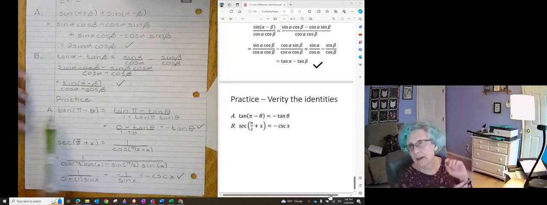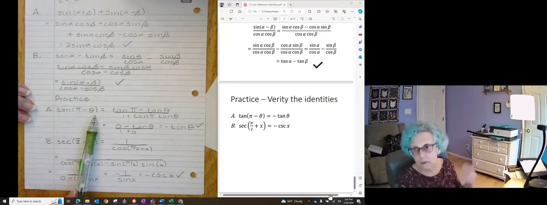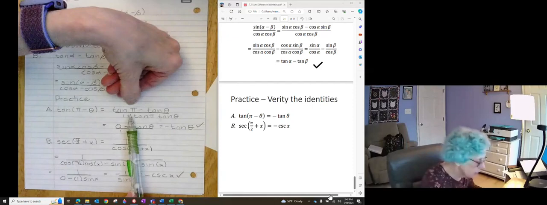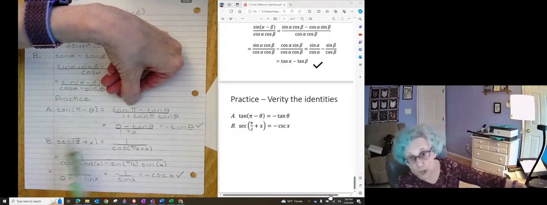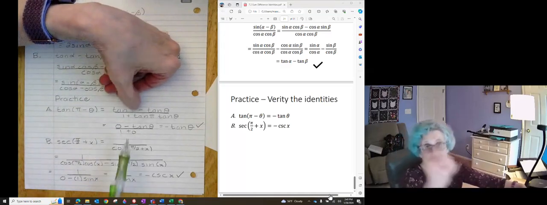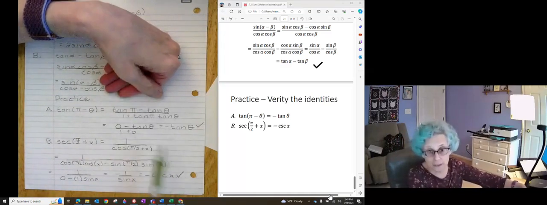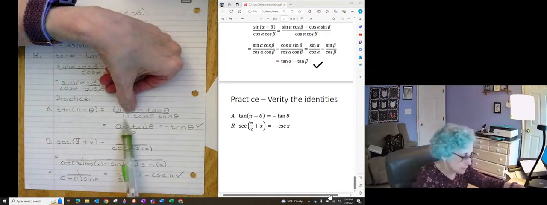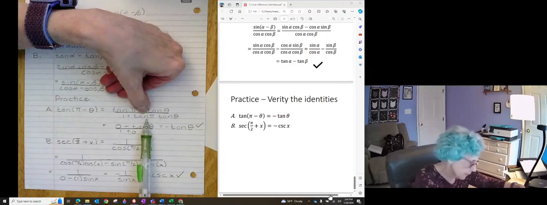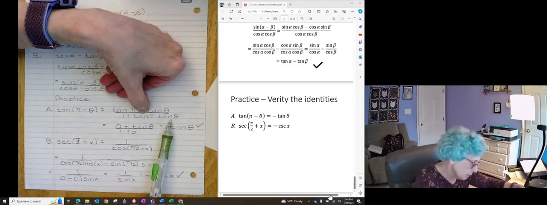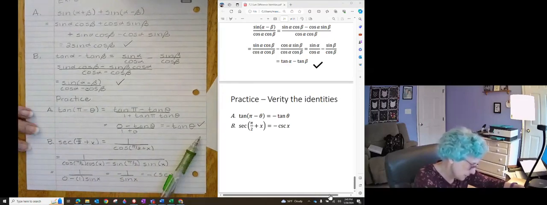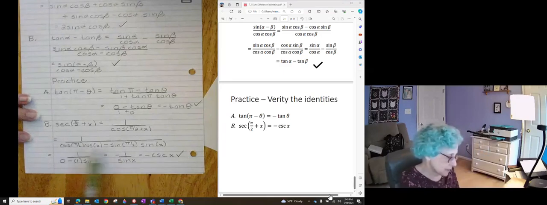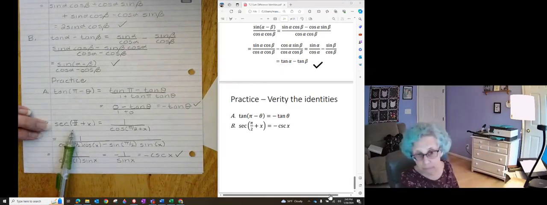Okay, these weren't bad. You just had to recognize that it works the same if it's a pi or a theta. And then if it's a pi, you know what tangent of pi is. It's sine over cosine, so it's 0, because 0 over negative 1 is 0. And then you have 1 plus 0 times tangent of theta. So 1 plus 0, so negative tan theta.